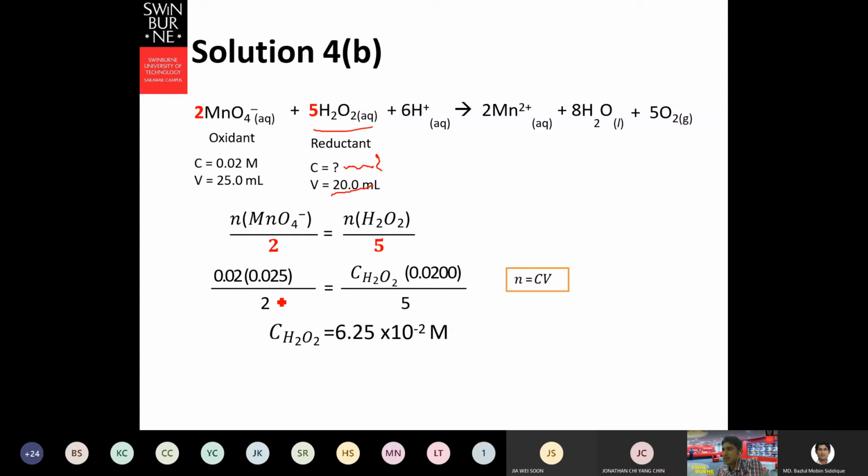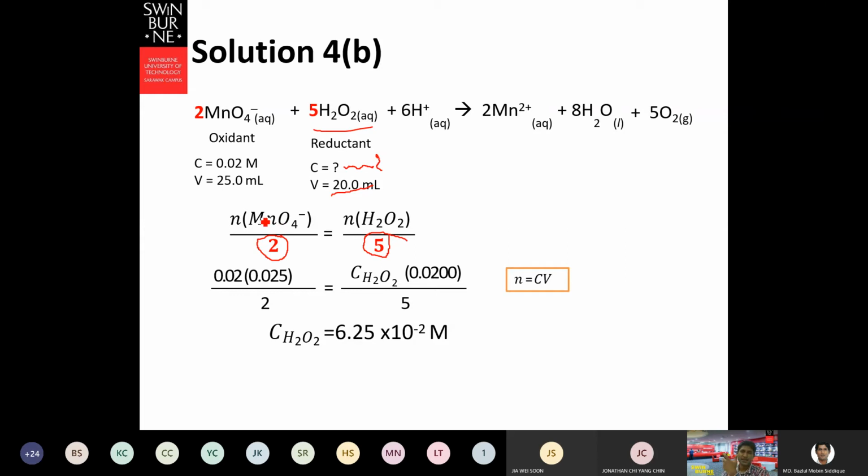So what is the concentration that we should be using? It goes as N1, C1, V1, in this case equal to N2, C2, V2. Only the thing is we should divide by the stoichiometric ratio for this oxidation reduction reaction.